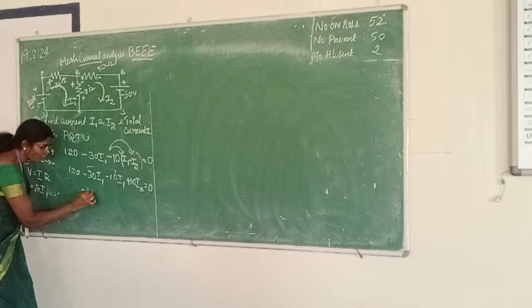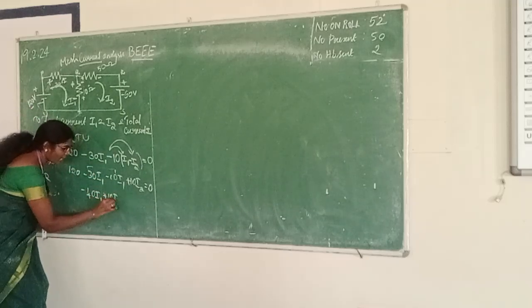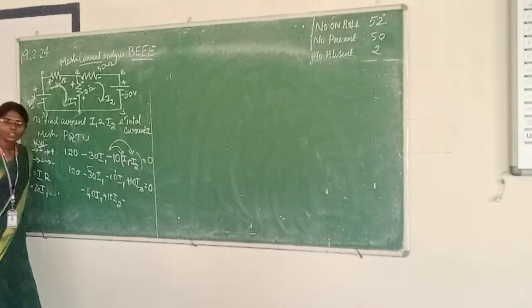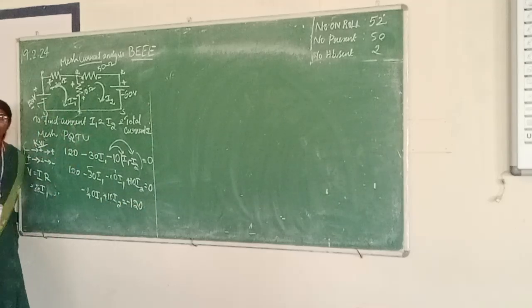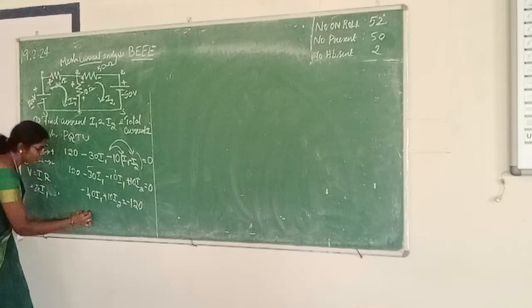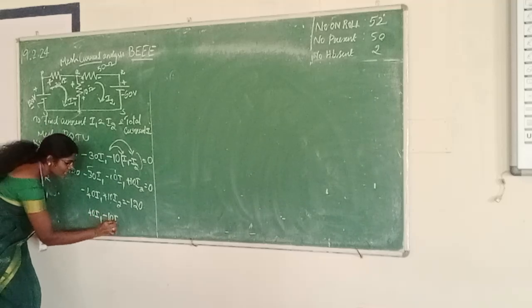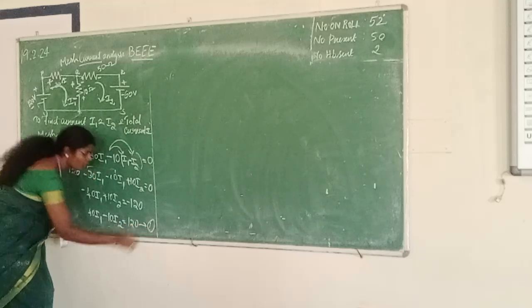So that is minus 40I1 plus 10I2. I bring this minus 120 to the right hand side, minus 120. Shall I change the sign for the entire equation? If I change it, it will become 40I1 minus 10I2 is equal to 120, which is equation number 1.